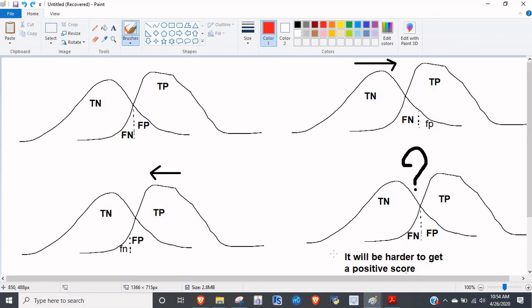So let's think about that. So if it's harder to get a positive score on the test, no one's saying anything about thresholds, no one's saying anything about cutoffs in this question specifically. But you can imagine if it's harder to get a positive score, you're going to have a decrease in your positives at the expense of some negatives that might not actually be negative.